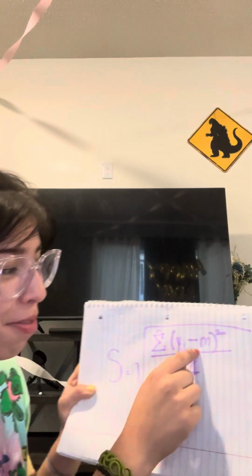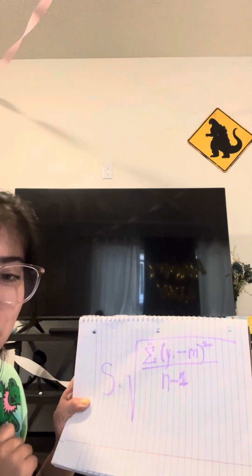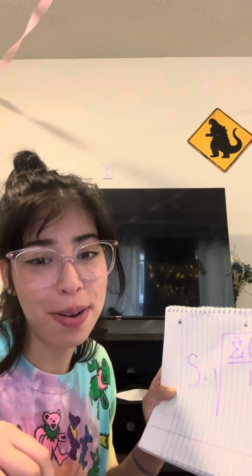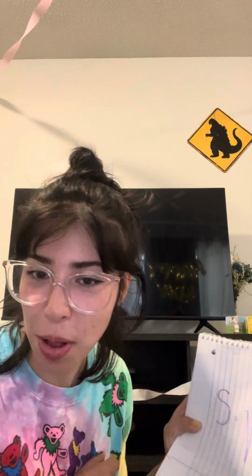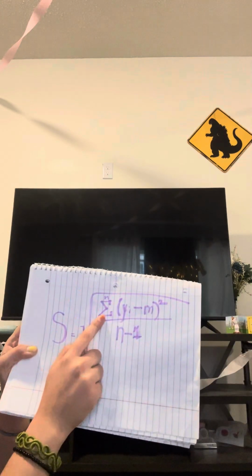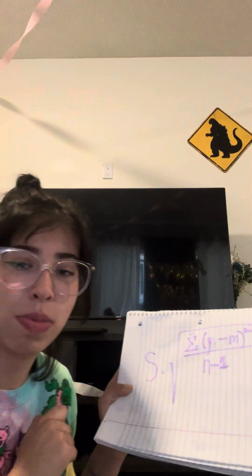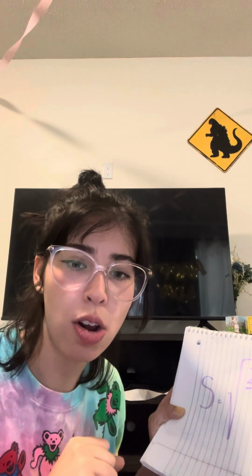Once we get a number for each of those, we will then square it. Very important part of the process there. Once you've squared those values, you will then be able to add them all up. This is just what this symbol here means, to add all of that.